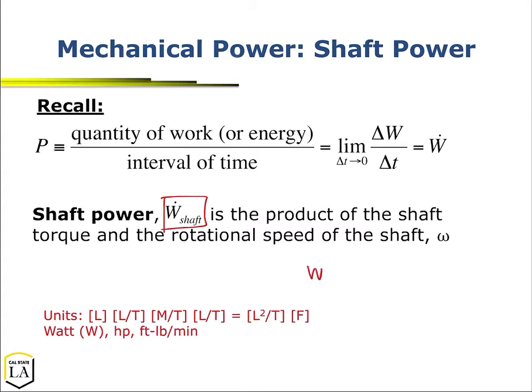So W dot shaft is torque multiplied by the rotational speed. You're going to see this shaft power for your losses, for your turbines, and for your pumps.